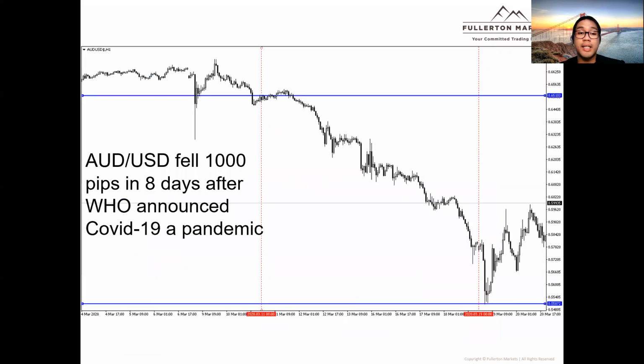The AUDUSD fell 1,000 pips in 8 days after the WHO announced the COVID-19 pandemic. Now, do take note that this does not necessarily mean that there was COVID in Australia. But what it does tell you is that people invested in safe haven currencies such as the USD. Earlier, we had another example, USDJPY, where the Japanese yen was the one to increase.